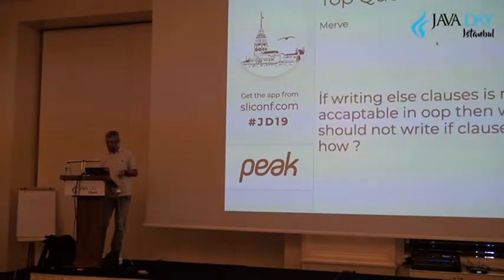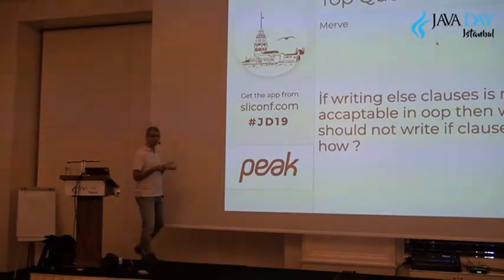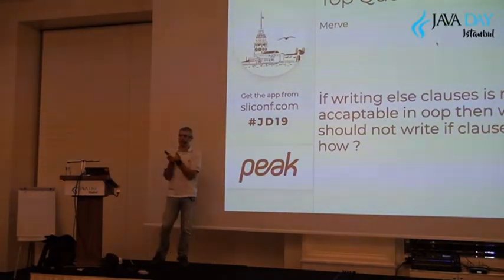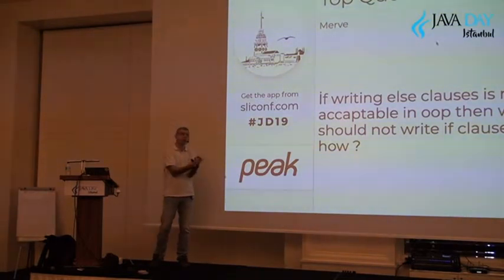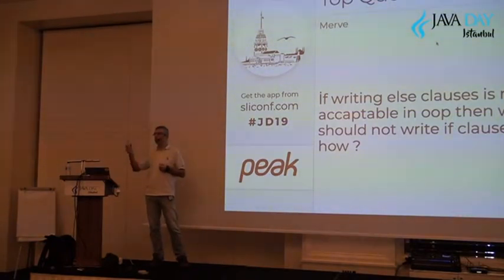If writing else clauses is not acceptable in OOP, then we should not write if clauses, but how? No, that's the point. If is acceptable, else is not acceptable. If is acceptable because we need to have some degree of control flow.